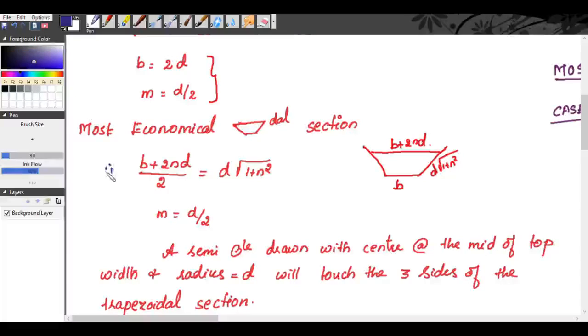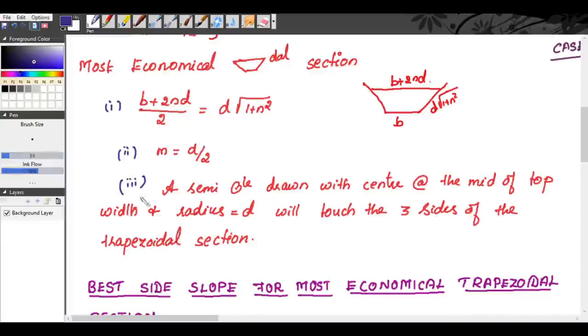Condition 1: half of the top width, (b plus 2nd) by 2, is equal to one sloping side. So (b plus 2nd) by 2 is equal to d into square root of 1 plus n square. The second condition is hydraulic mean depth is equal to half of the depth of flow. So m is equal to d by 2.